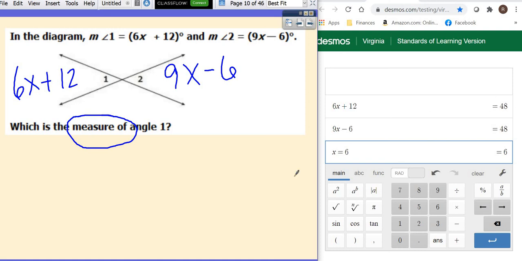So the measure of angle 1 is 48 degrees, and the measure of angle 2 is also 48 degrees. But when you're looking for vertical angles, you have to use 3 lines on your calculator. If you wanted to solve it, you would say 6x plus 12 equals 9x minus 6, and you could solve for x, and then you would check it this way. Okay, so that's how you do that.